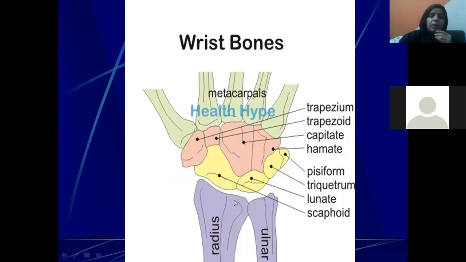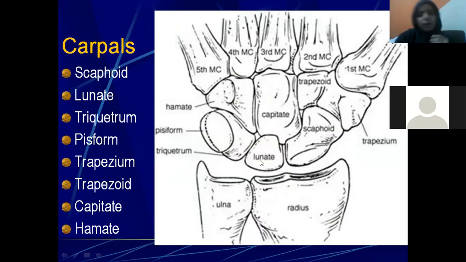Now let us see, this is again the list. If you observe, I told you the inferior aspect of the radius has how many surfaces? 5 surfaces, I said, no? Anterior it has, behind you have posterior, this becomes medial, this side becomes lateral.